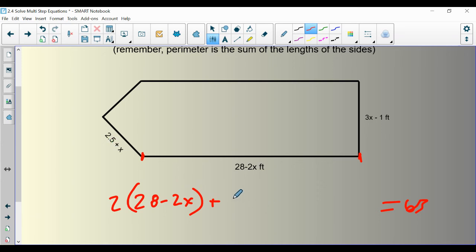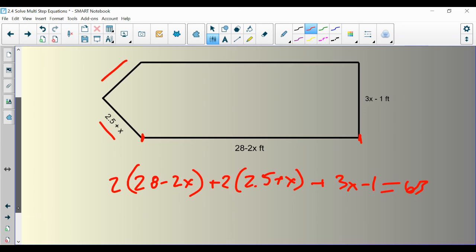We also have two of these, which says 2.5 plus x, right? We got one of those here and one of them would have been there. Then we also have a 3x minus 1. So we're going to add up all of these things, and it should equal 63.